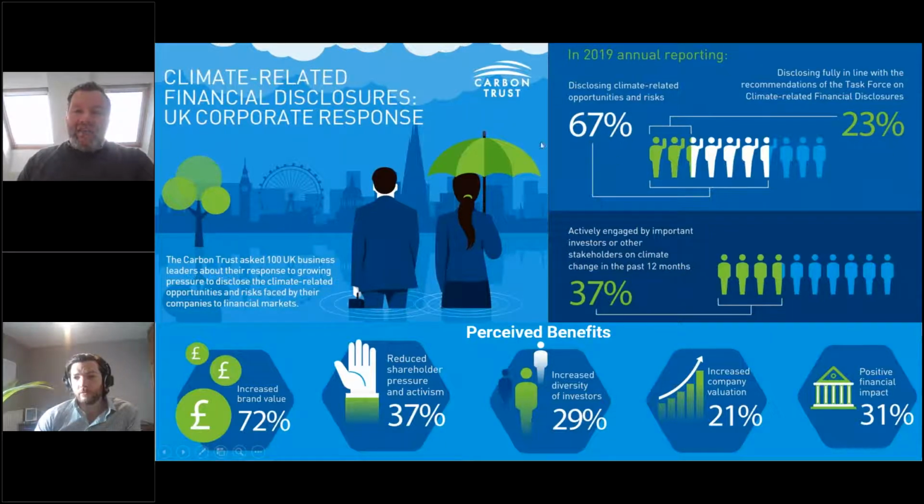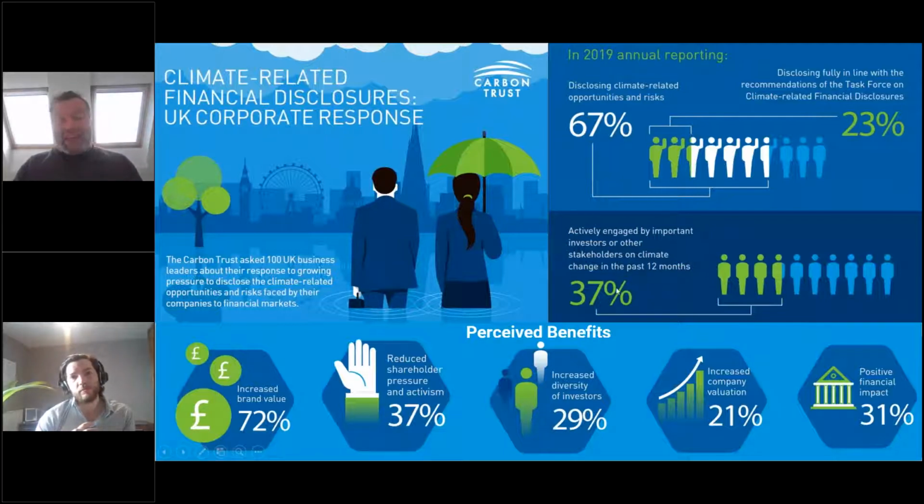And at the time in 2019, you could see that there was already a lot of people saying that they were disclosing climate-related risks and opportunities, and that the plan was that 23% would be disclosing fully in line with the recommendations of the TCFD by the end of 2019.